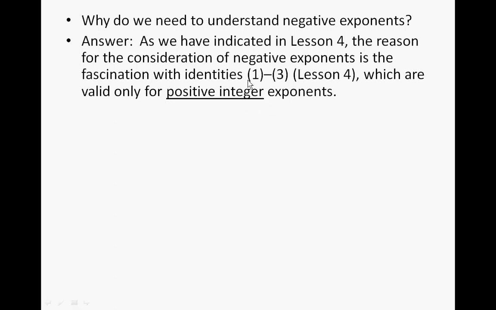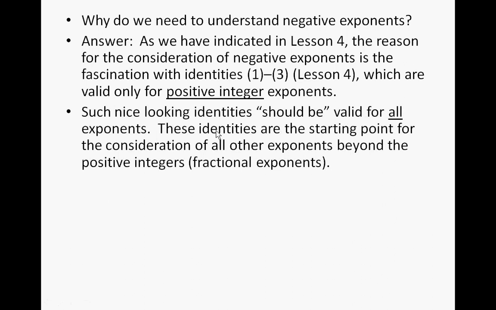Remember, when we first created this, we were only talking about numbers greater than 0. Well, these identities should be valid for all exponents. So again, both positive, 0, and negative exponents. And these identities are the starting point for consideration of all other exponents beyond positive integers. Now we're talking fractions, or all rational numbers.